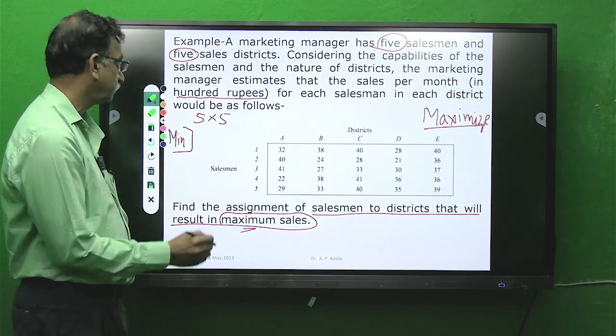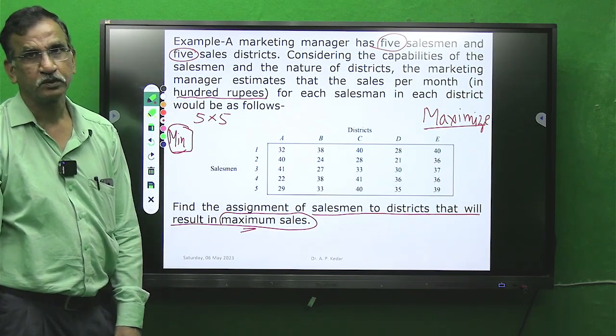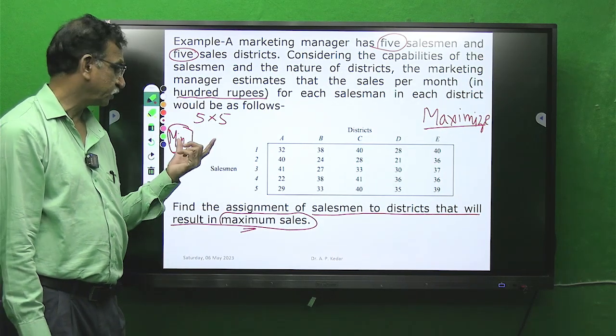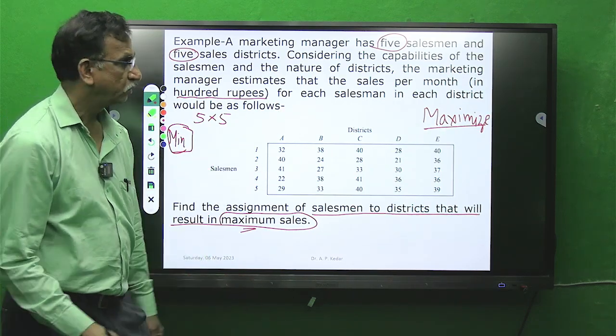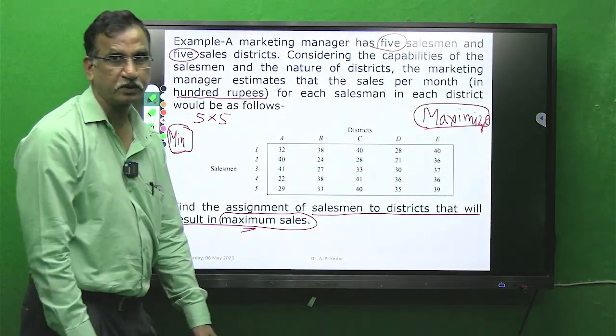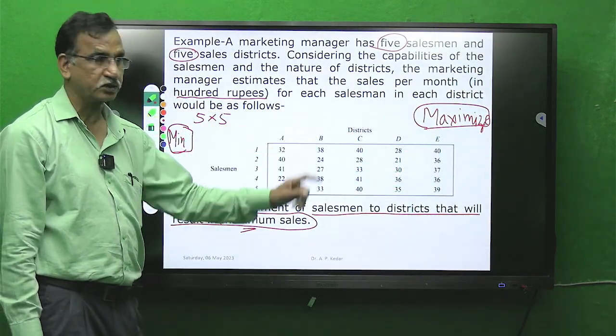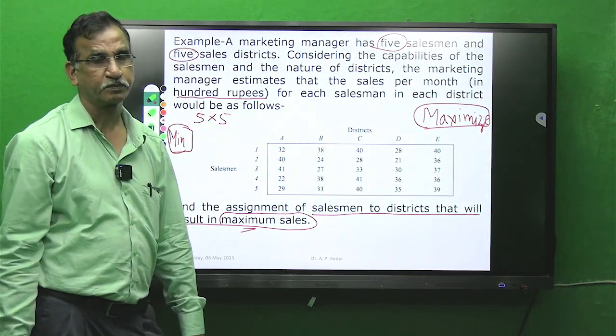Till now we have studied all problems with objective function minimize. Now this is the first case where we are coming with objective function maximize.